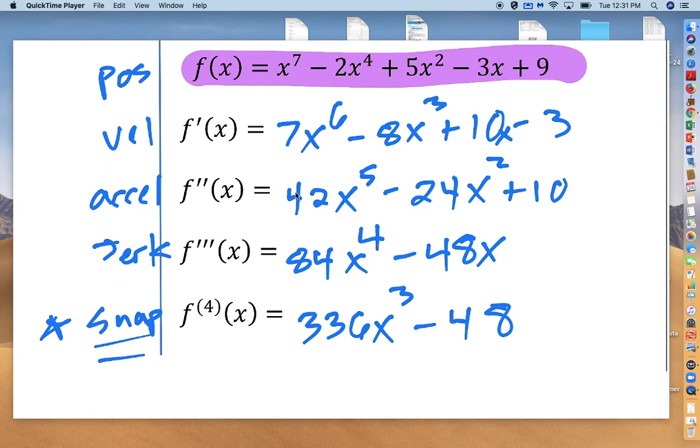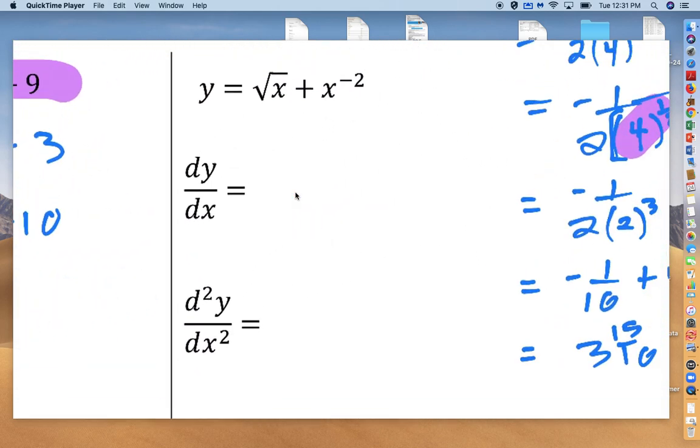Acceleration is how fast the velocity is changing. Speeding up or slowing down is related to that. Jerk is a change of acceleration, and snap is getting down to particle physics when you start talking about that, so maybe we'll leave that be. But the deal is each derivative tells you a different characteristic of f of x, and that's what the multiple derivatives are all about, the full story of what's going on in f of x.